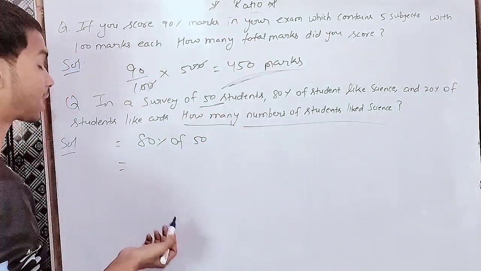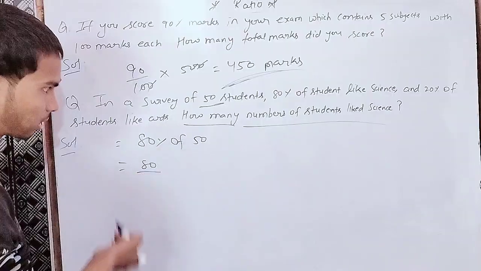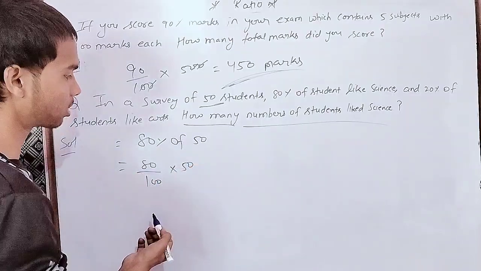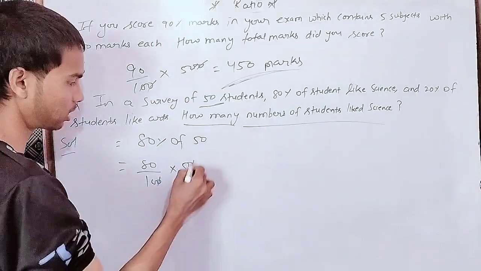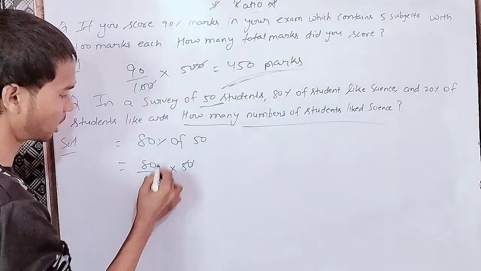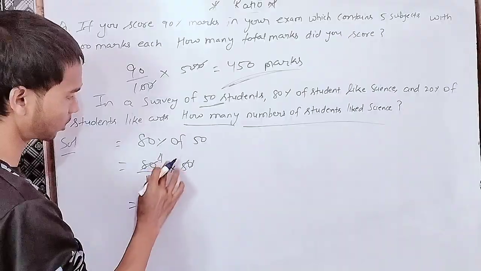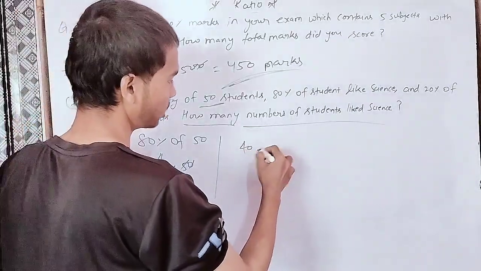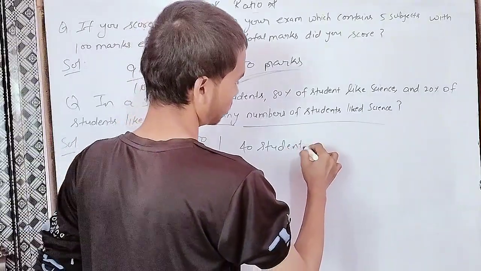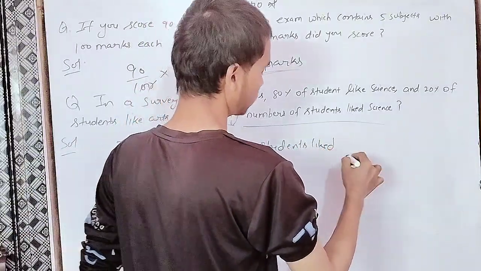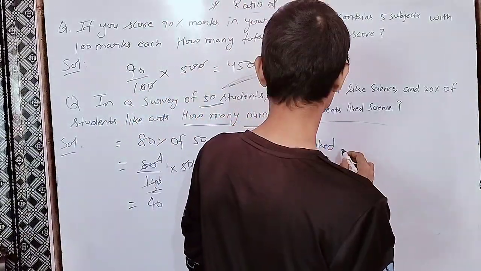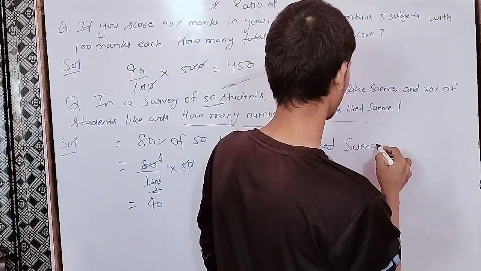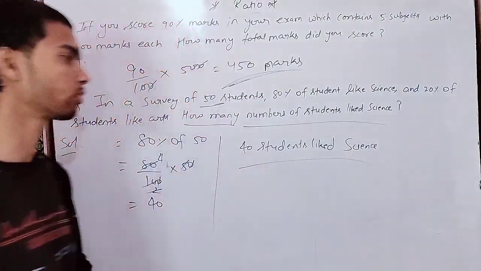This is the statement, and it can be written like that, and it can also be simplified. 0 and 0 cancel, and 8 times 5 is 40. So 40 students like science. 40 students from 50.